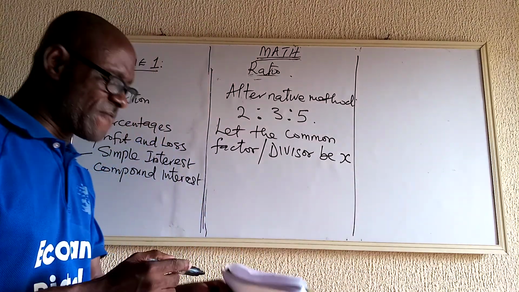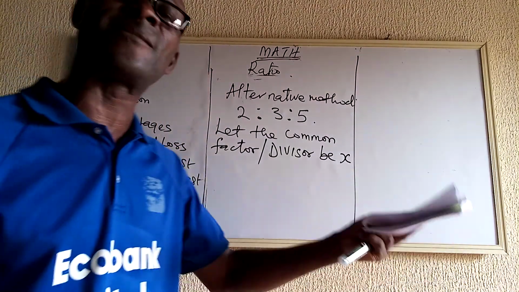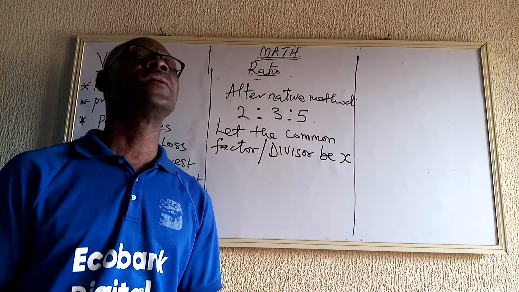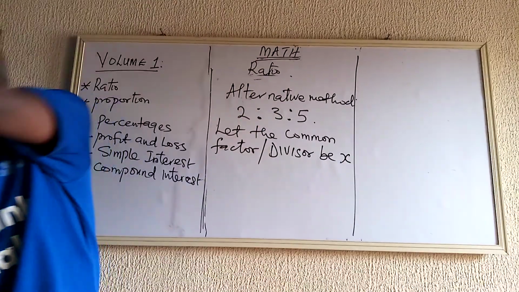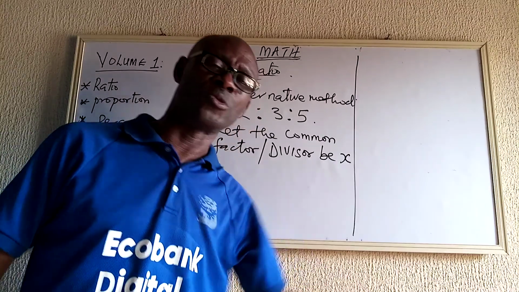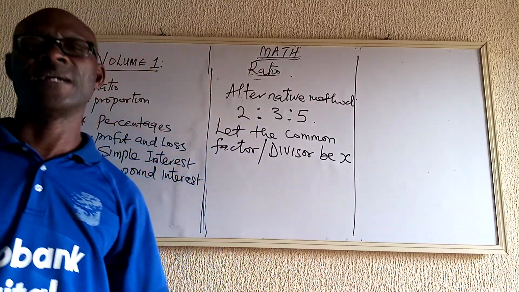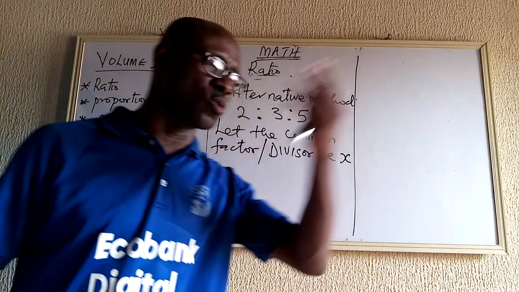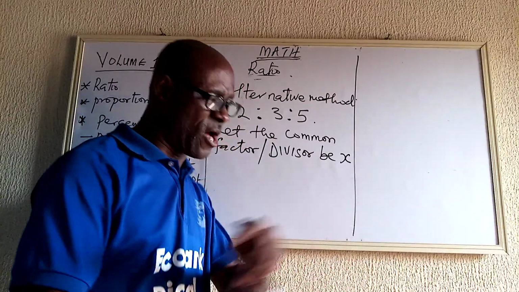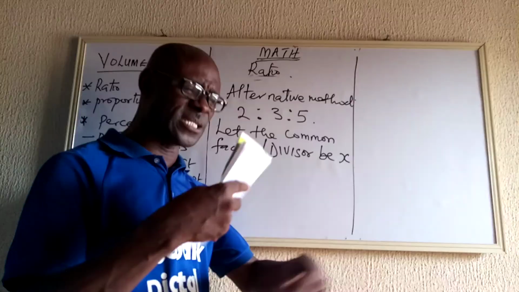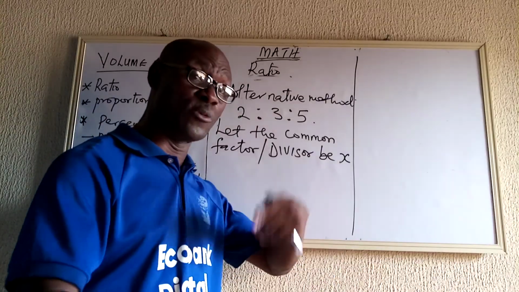So definitely if I use 2 to divide 6, I get 3, right? So also, if I want to get my 6 back, I will use that same 2 to multiply 3 to get 6. Let me come again. I use 2 to divide 6 to get 3. To get that 6 back, all I need to do is to reverse the operation: instead of division, I will use multiplication.